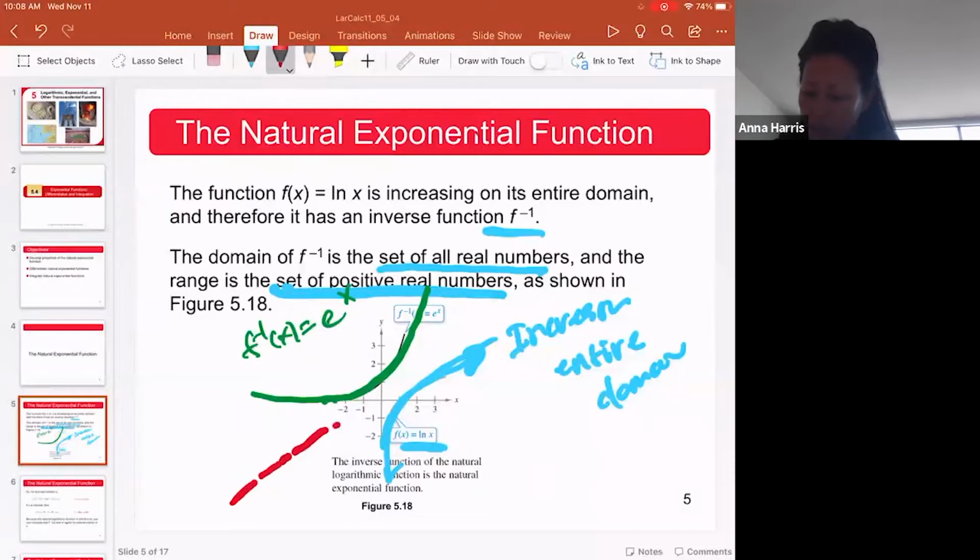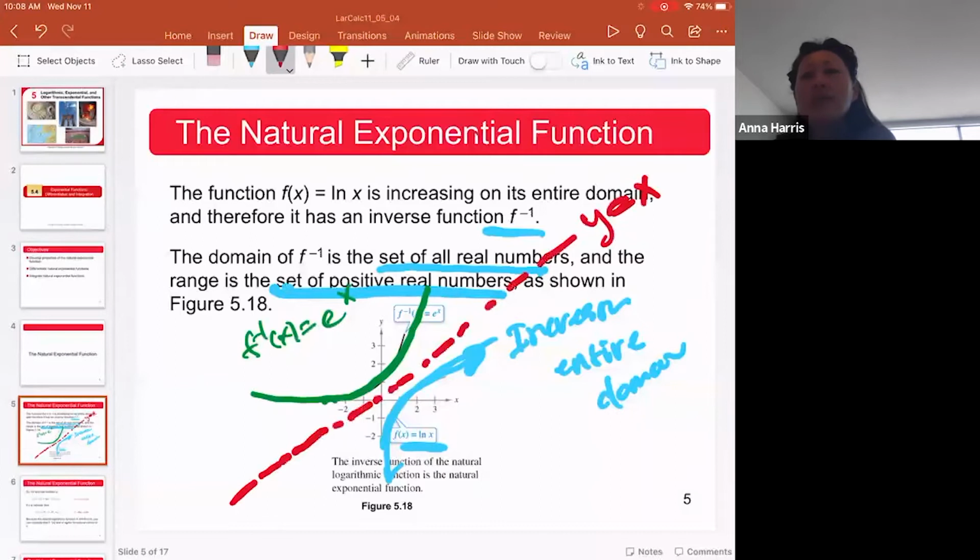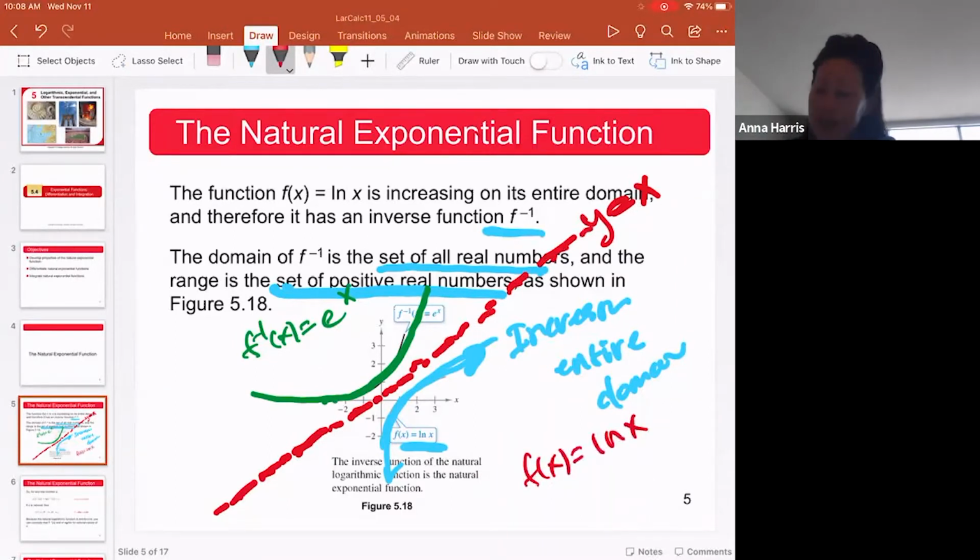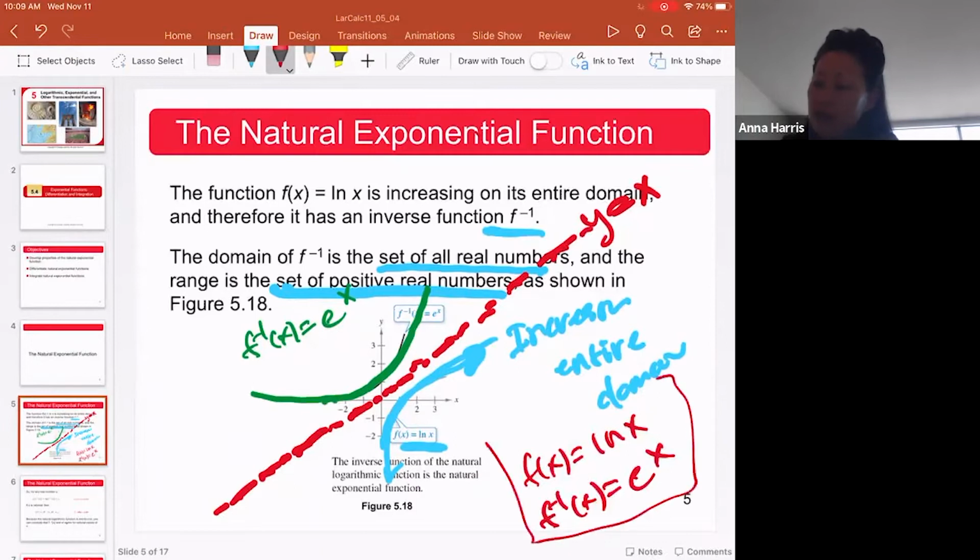I can draw a line through this, y equal to x. They're mirror images. The function and inverse function are mirror images through y equal to x, the line going through the origin. So if f of x is natural log of x, then f inverse of x is e to the x. All right, they're inverse to each other.